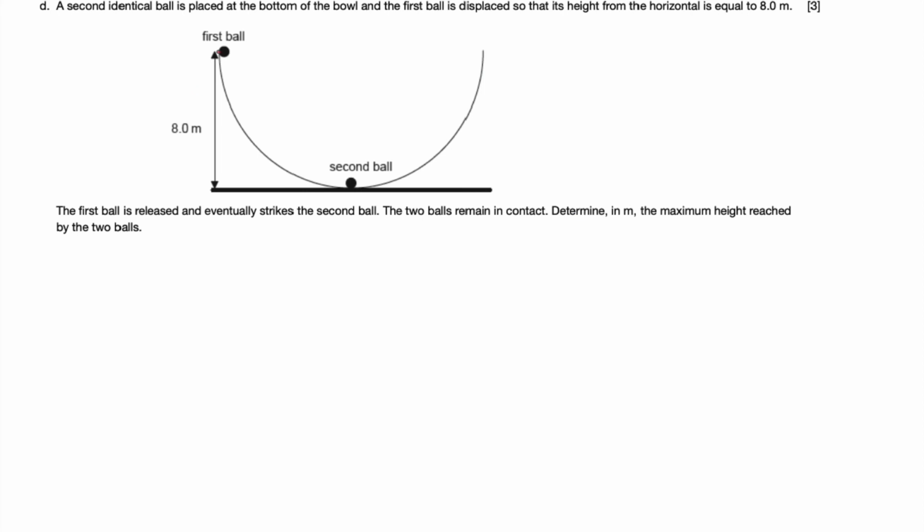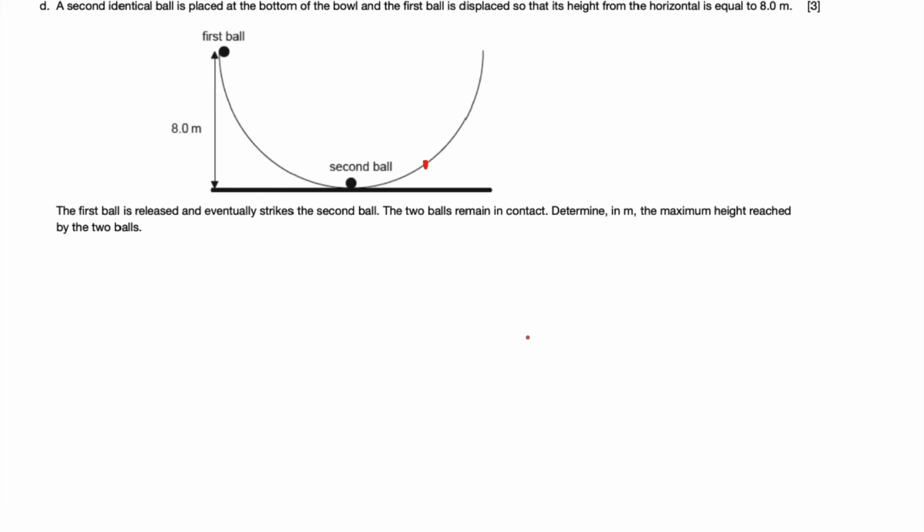So how do we solve this problem here? We know the ball is initially at rest because it says it's released, and then it strikes the second ball, and they stay in contact. Then they're going to reach a maximum height, let's say here, just a random point.